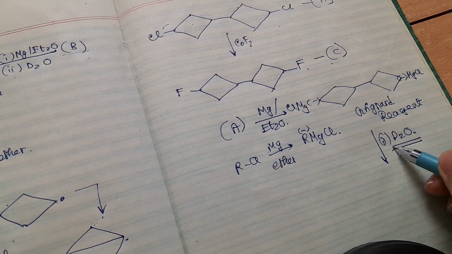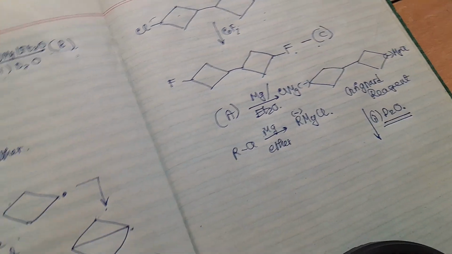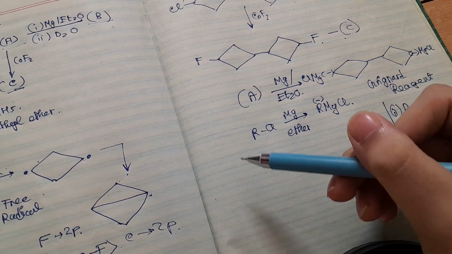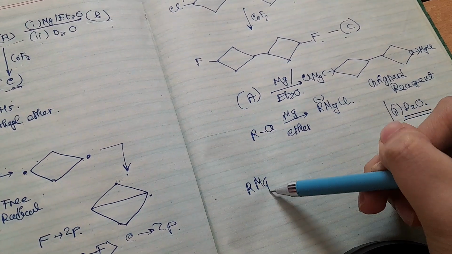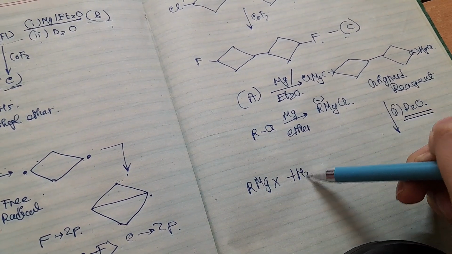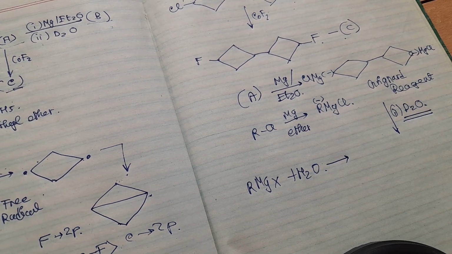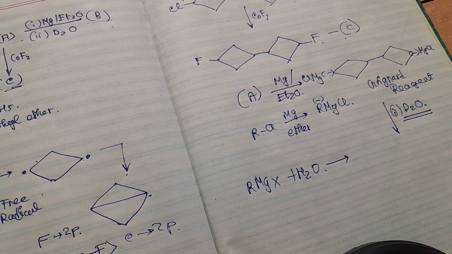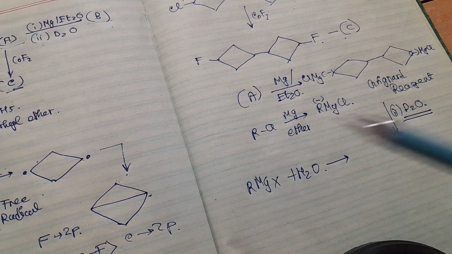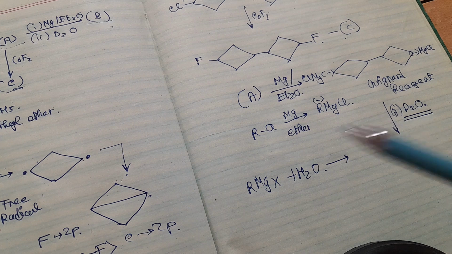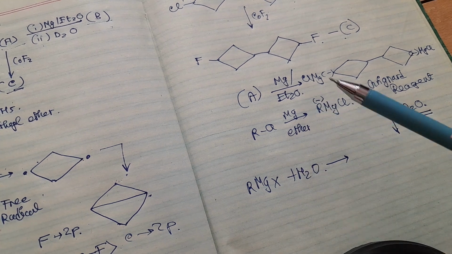Now we know that any Grignard reagent, when it reacts with water, will always give an alkane. Why is that so? Because RMgX plus water. Water has an acidic hydrogen, and it is very important to note that whenever there is an acidic hydrogen, the Grignard reagent will behave as a base, not as a nucleophile, and it will abstract the acidic hydrogen of that particular compound to form an alkane.